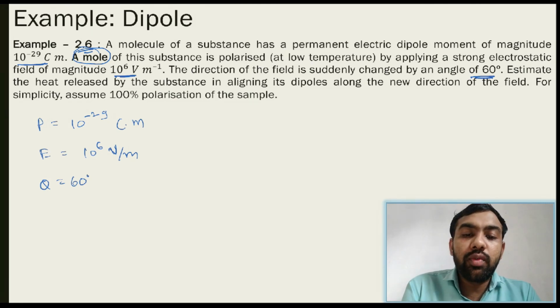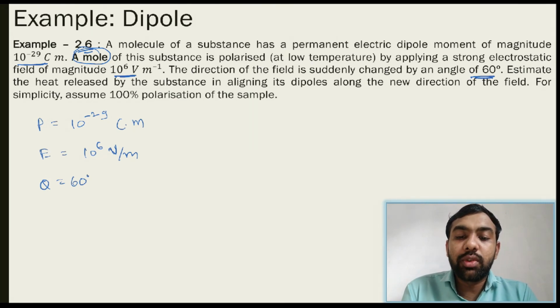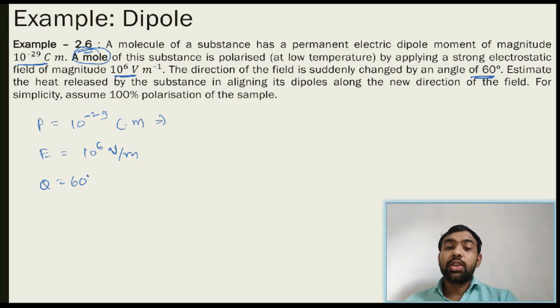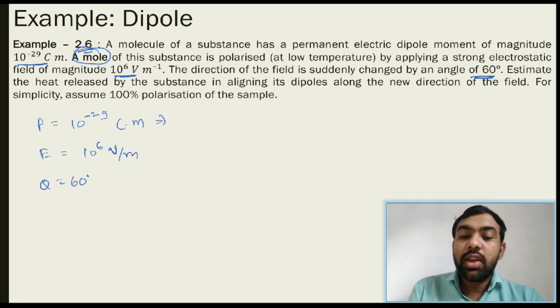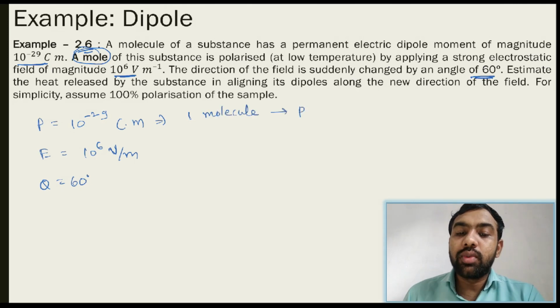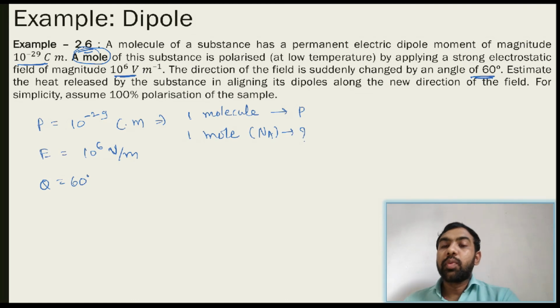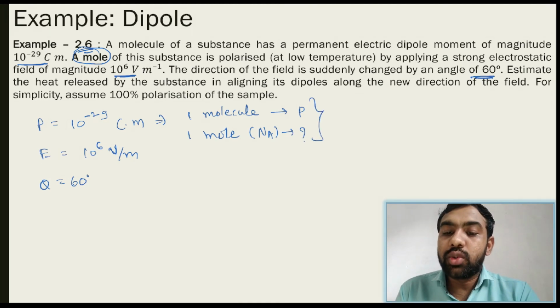If one molecule has this much dipole moment, we have 1 mole of molecules. So for 1 mole, what is the total dipole moment? If 1 molecule has dipole moment P, 1 mole means Na molecules. So P total is equal to P into Na.